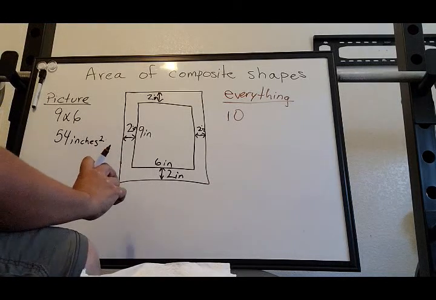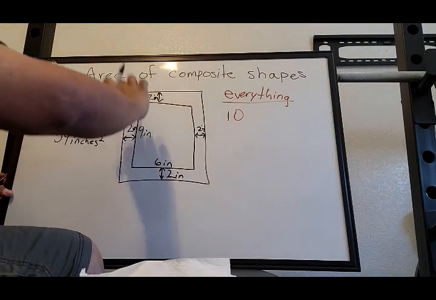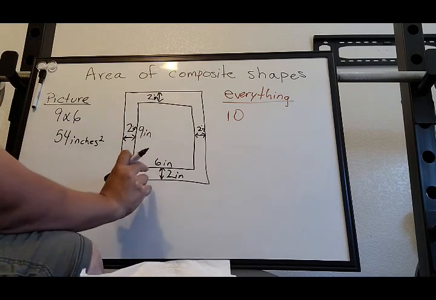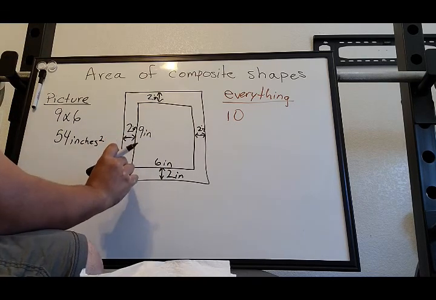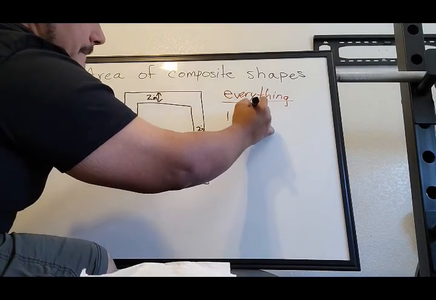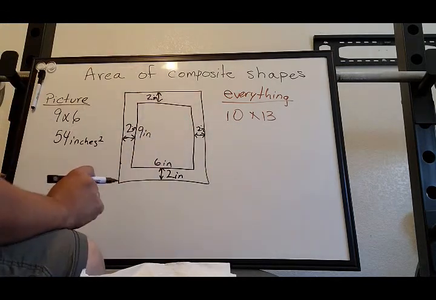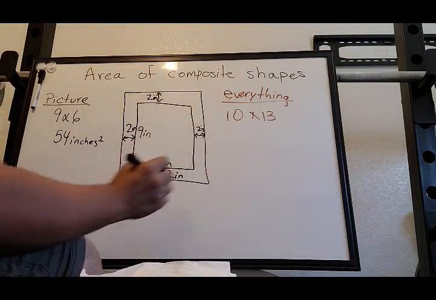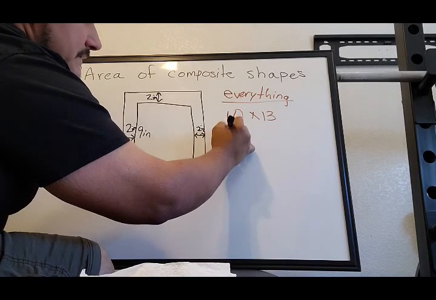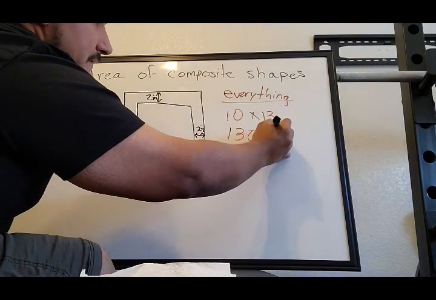Now let's do the same thing for our height. How much is 2 plus 9 plus 2? 2 plus 9 is 11, plus 2 more is 13. So the area of everything together is 130 inches squared.